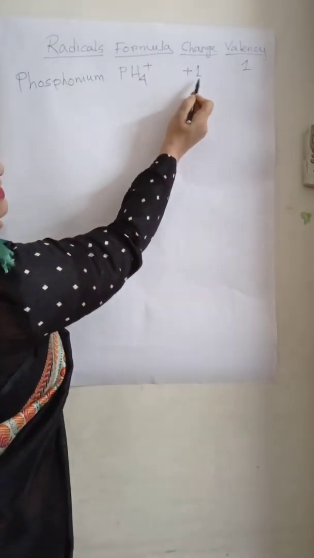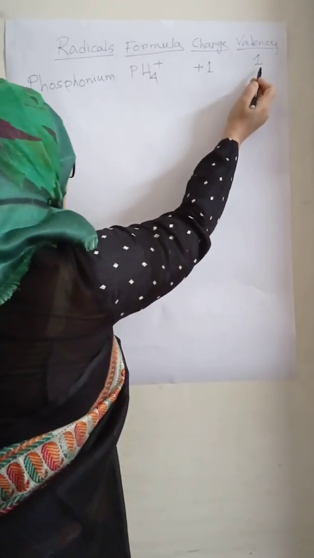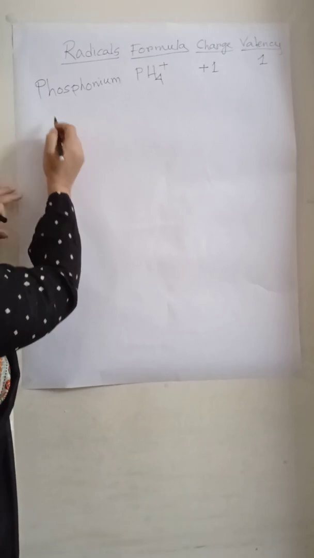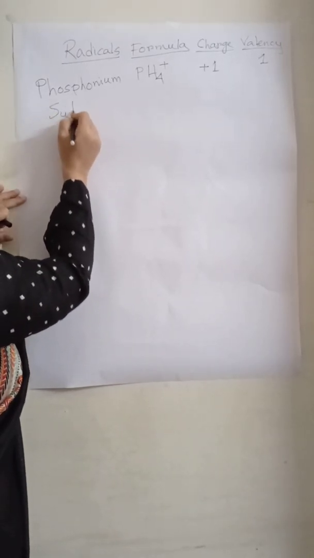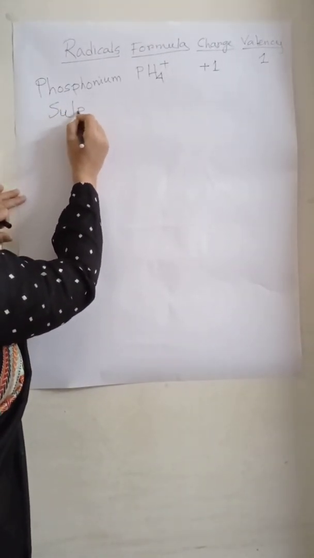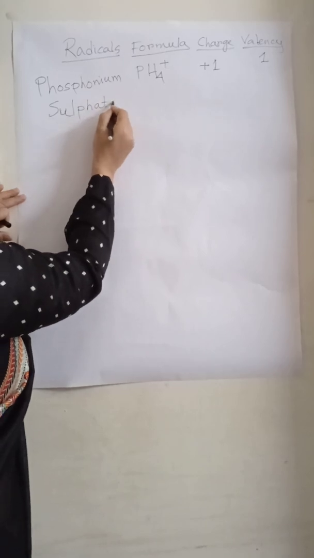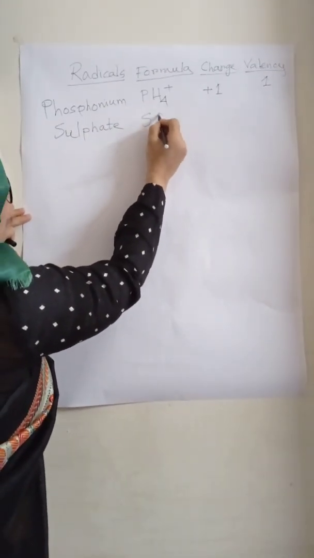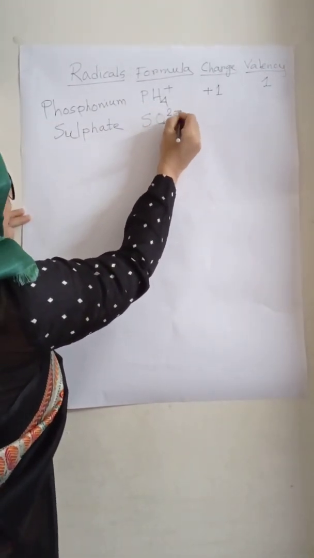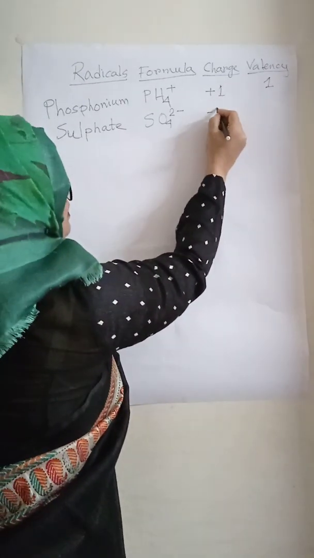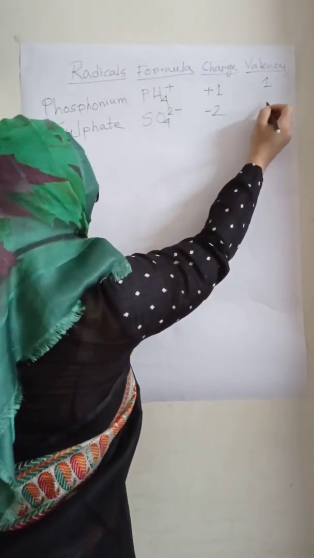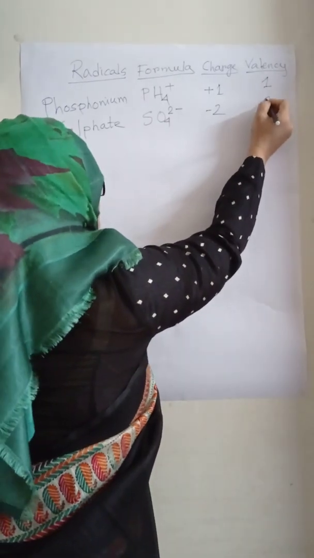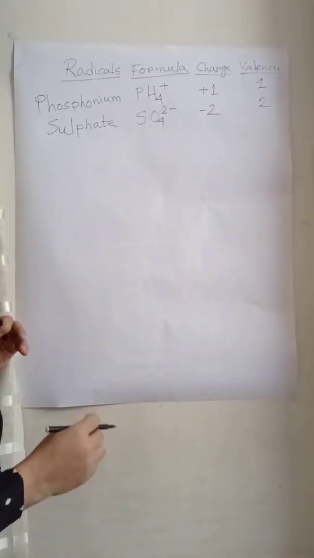Since its charge is +1, so its valency is 1. Another example, sulfate radical, SO4 2-. Its charge is -2, so its valency is 2, and so on.